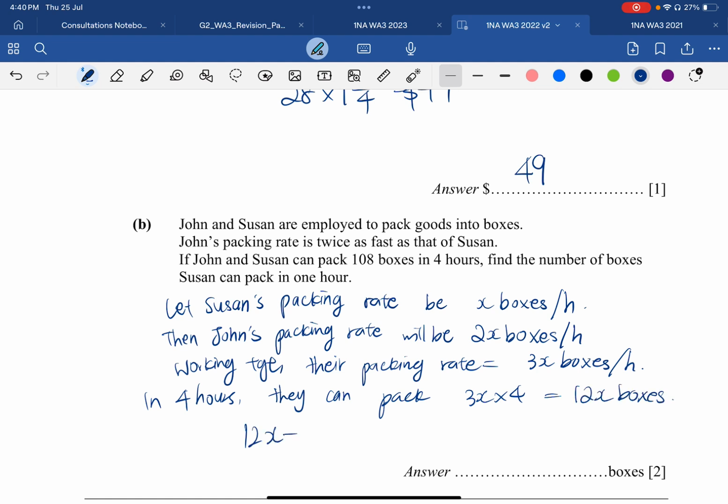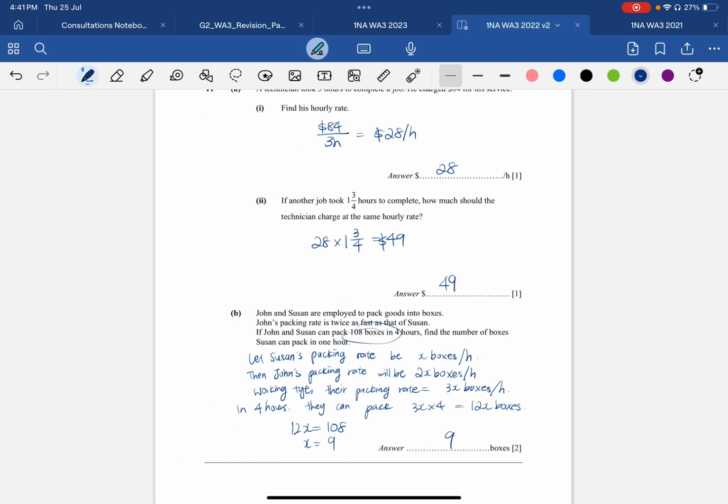So 12x is equal to 108 boxes, right, given by the question. 108 divided by 12 gives me 9. So that x, which is 9, is Susan's packing rate. Okay, so Susan can pack 9 boxes in an hour. So that's the answer for this question.